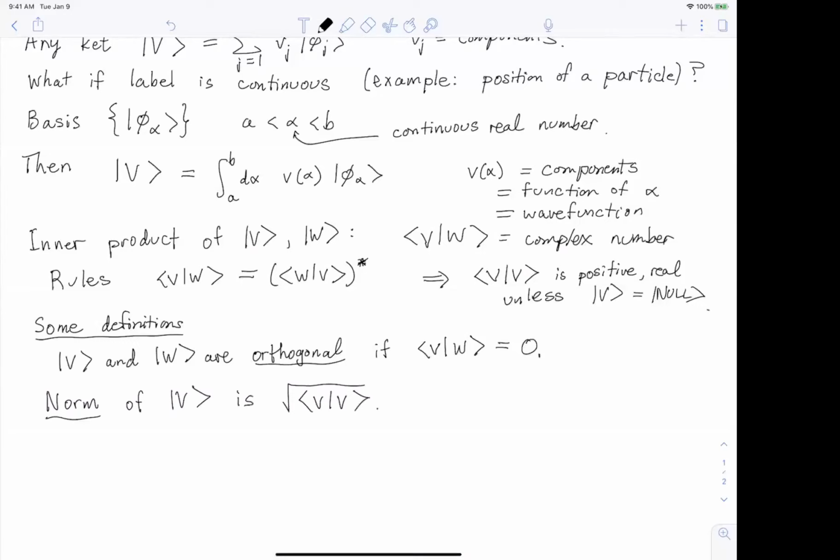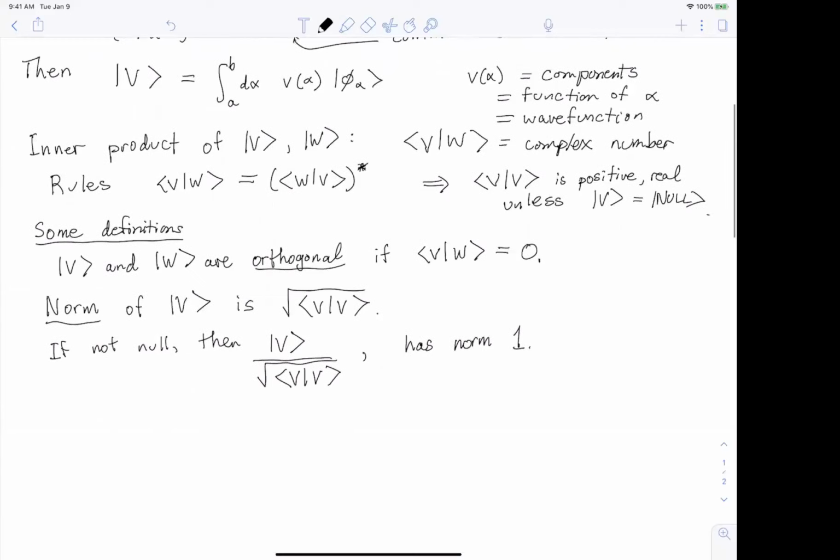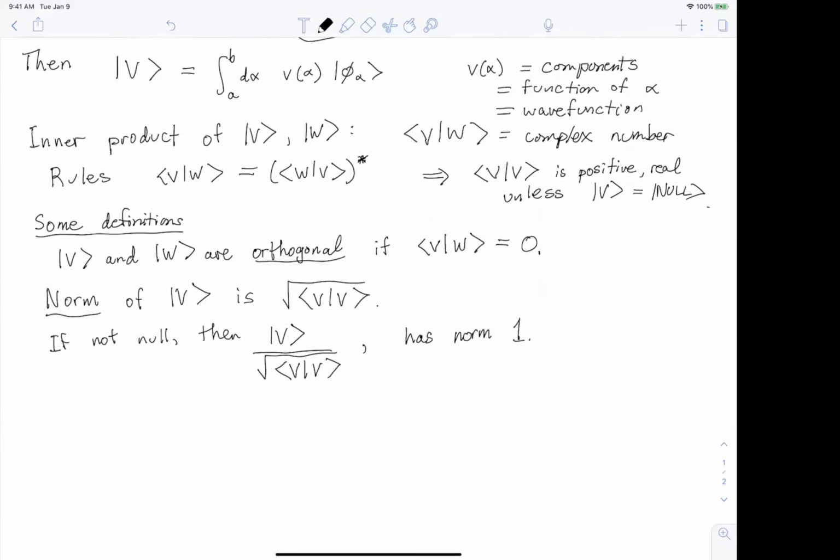And if it's not null, then this is a non-zero number, so we can form this ket: we take the original ket and divide it by its norm. Then you can check from the definitions that we've already made that this has norm 1. So given any ket, you can always form a norm 1 ket out of it.